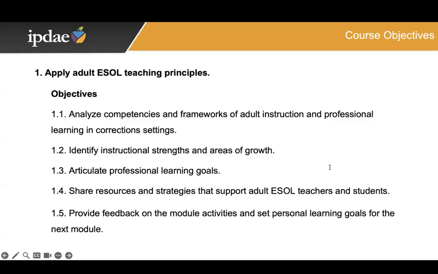So we'll see here, analyze competencies and frameworks of adult instruction, professional learning, and correction settings. So this is really understanding the core competencies that are involved here to give the bigger picture. And then from there, the course takes an asset approach to identify instructional strengths and areas of growth. This has taken an asset approach in lieu of a deficit approach to encourage course participants to identify instructional strengths and areas of growth.